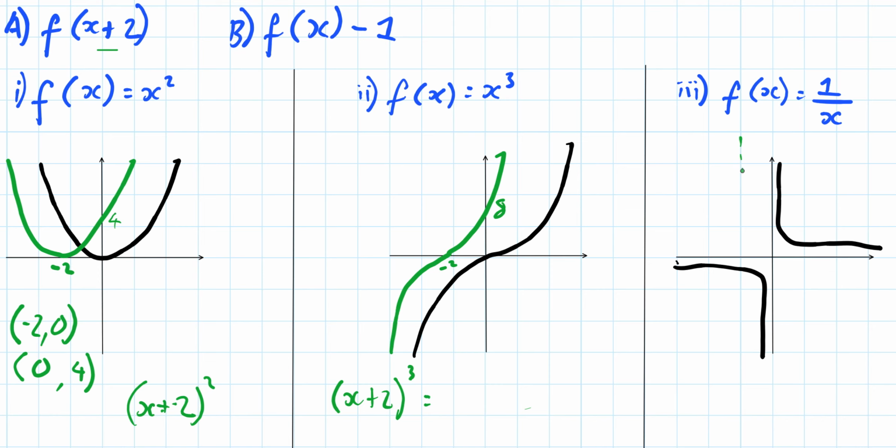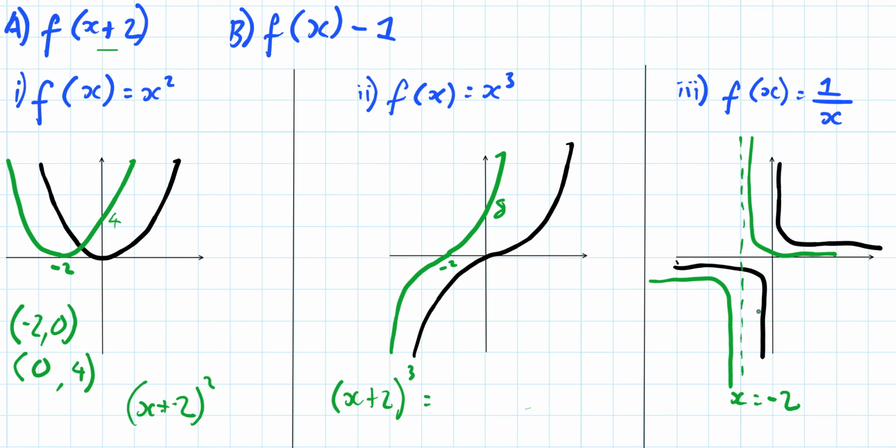I'm just going to draw a dotted line here to show x equals minus 2, because everything shifts by minus 2, and then our asymptotes go like this. Where it crosses the y-axis here is going to be plus 2 here.